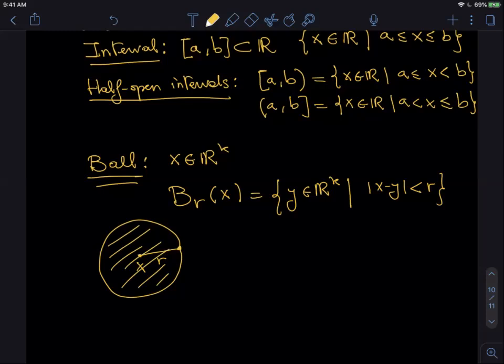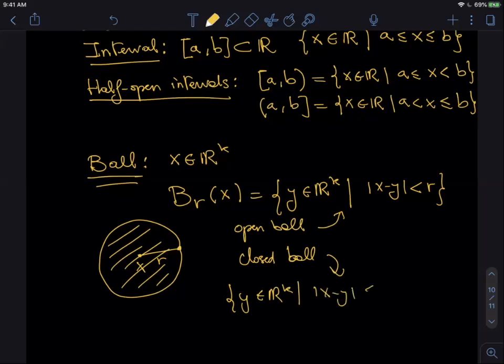For the closed ball, the definition is the same, but we need to take the equality case here. So we need to allow the equality.